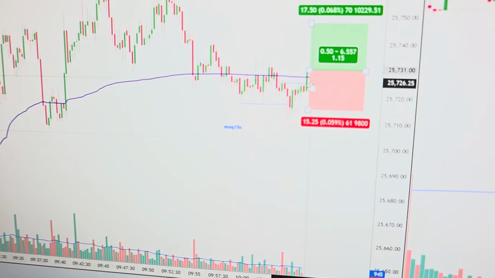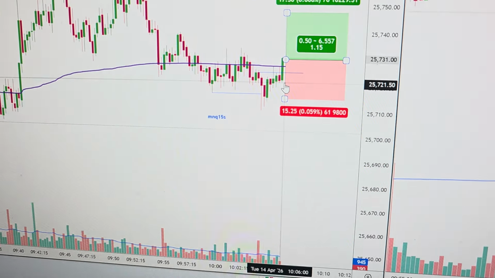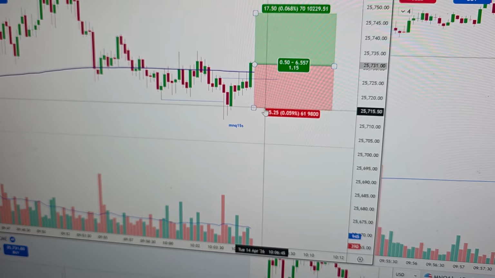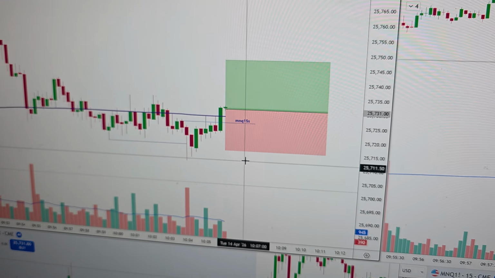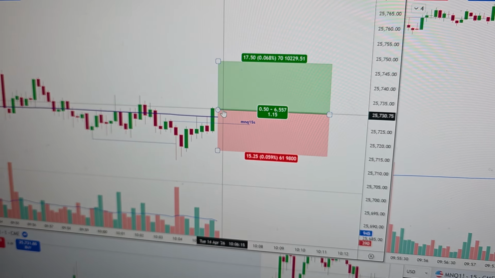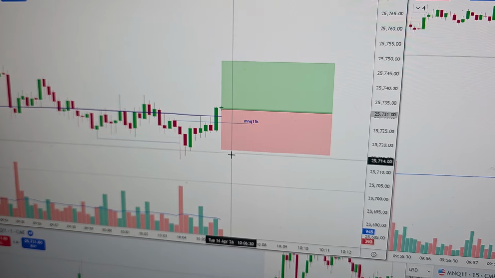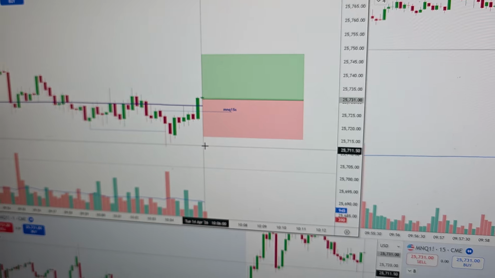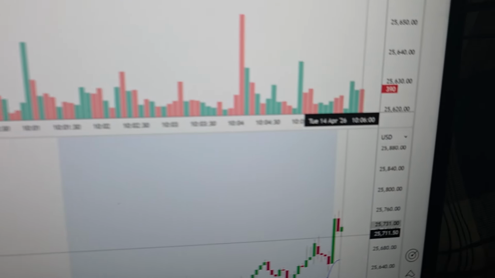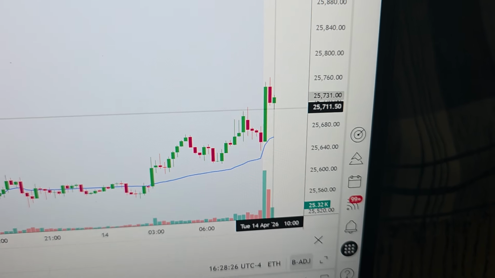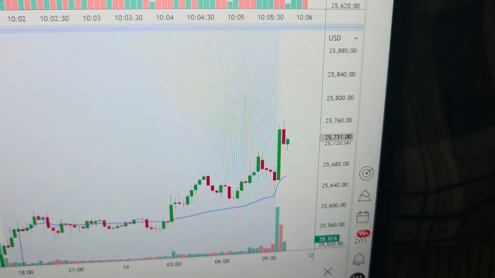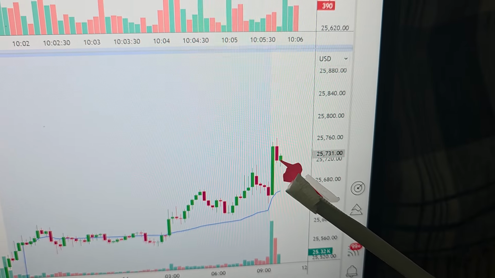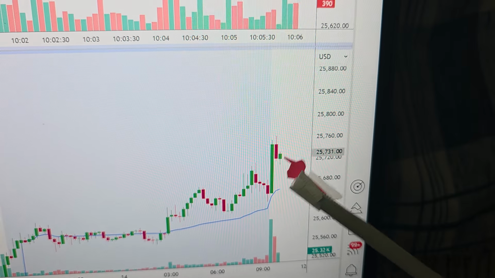So when this green candle closed, we put our green and pink box here, and the 15-minute chart would have looked like this, with the chat candle and the pullback and the CISD starting to get going.